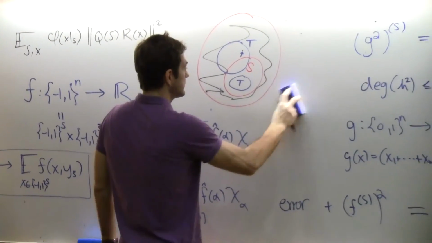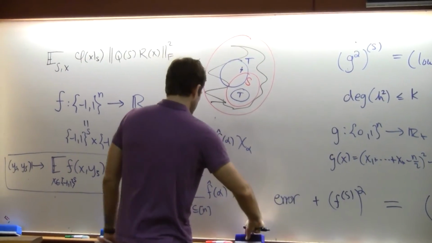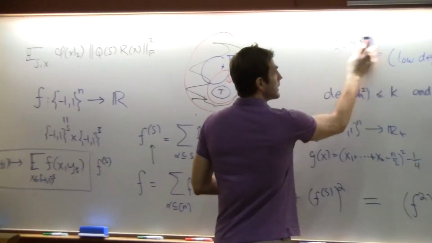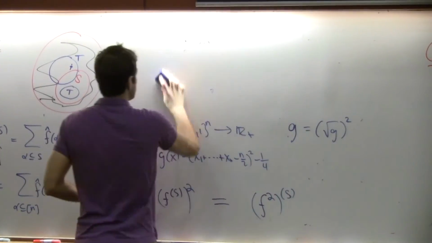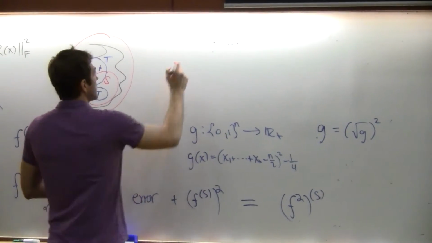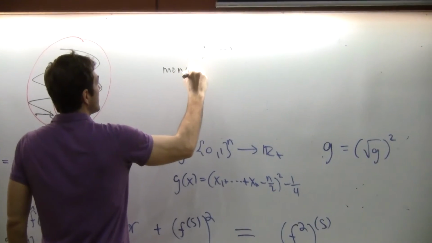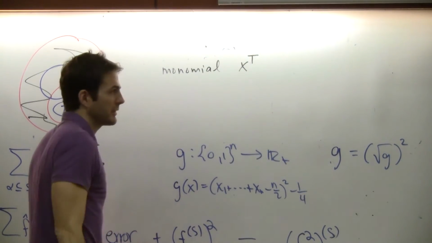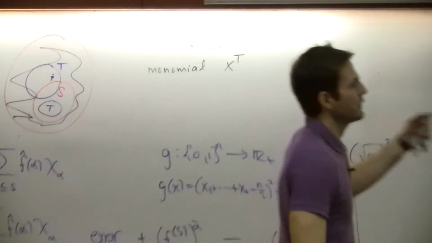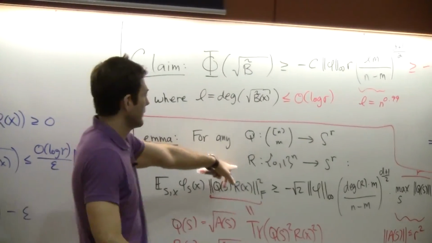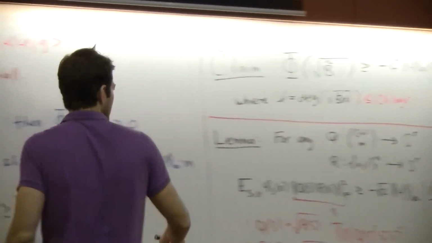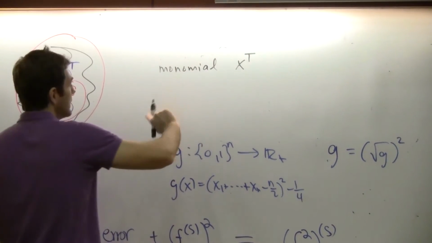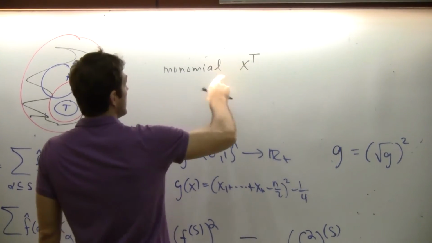So suppose we take a monomial. Take some monomial x_T. We should think about this monomial as being one of the monomials in R. Of course, R is a matrix, so this will come with a matrix coefficient, but that's not important.